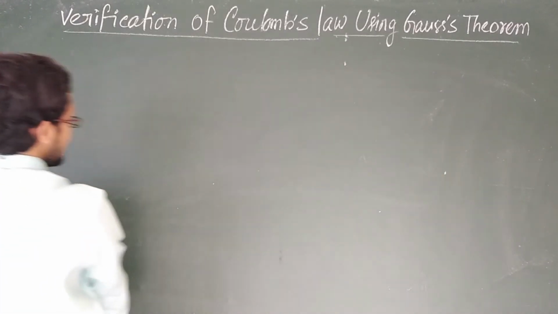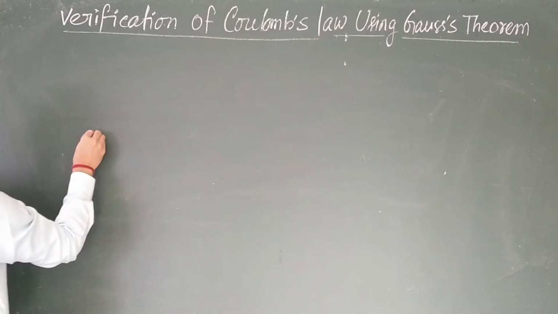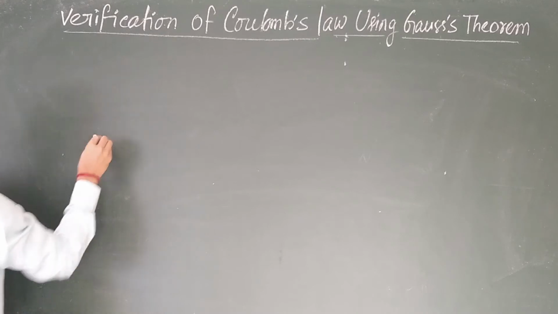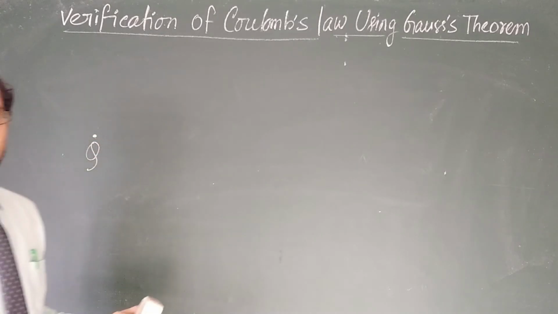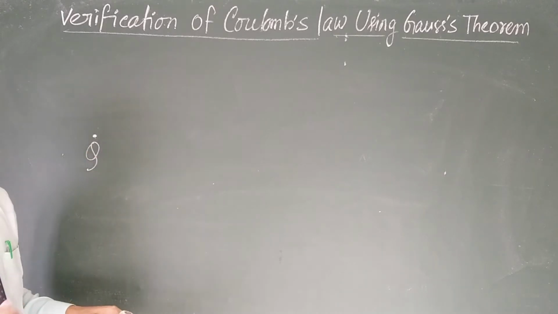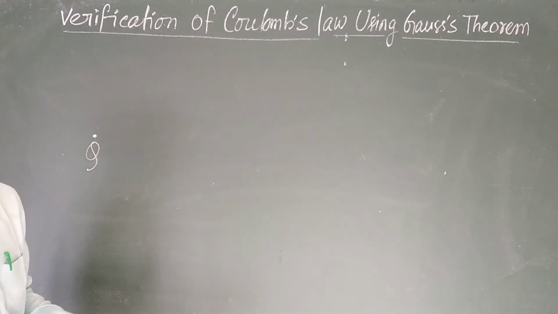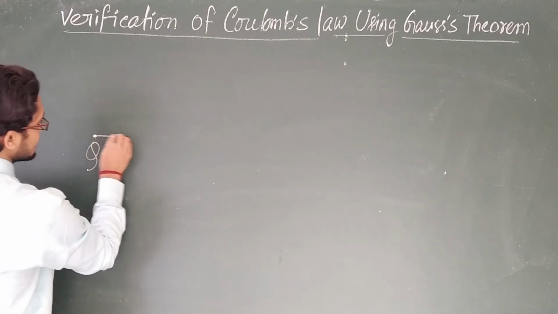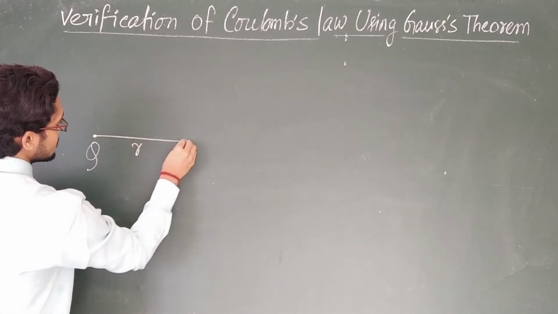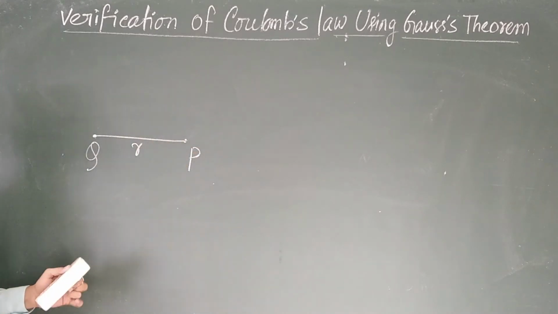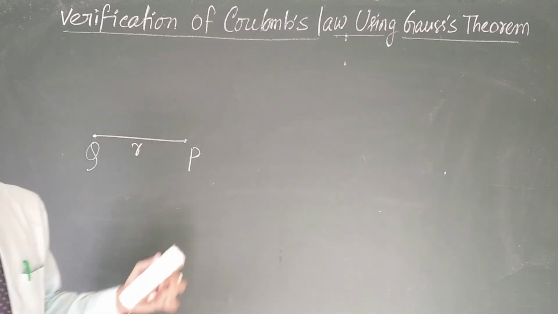Suppose there is a charge q here. First we will find the electric field at a distance r from this charge q. Suppose this is the distance r, and this is point P, where we want to find the electric field intensity first.